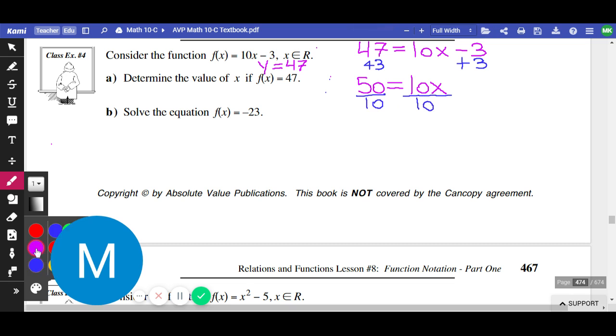When we divide by 10, 50 divided by 10 is 5. 10 divided by 10 cancels out, and all you have is x. That means when f of x equals 47, x equals 5. Input would be 5, output would be 47.